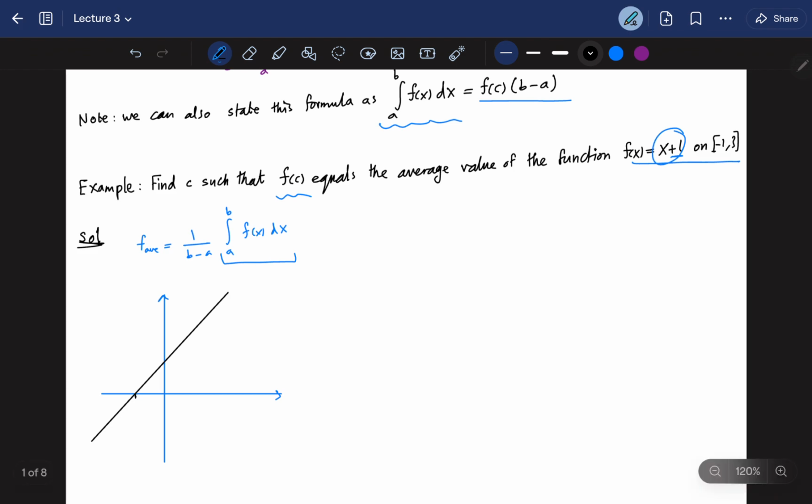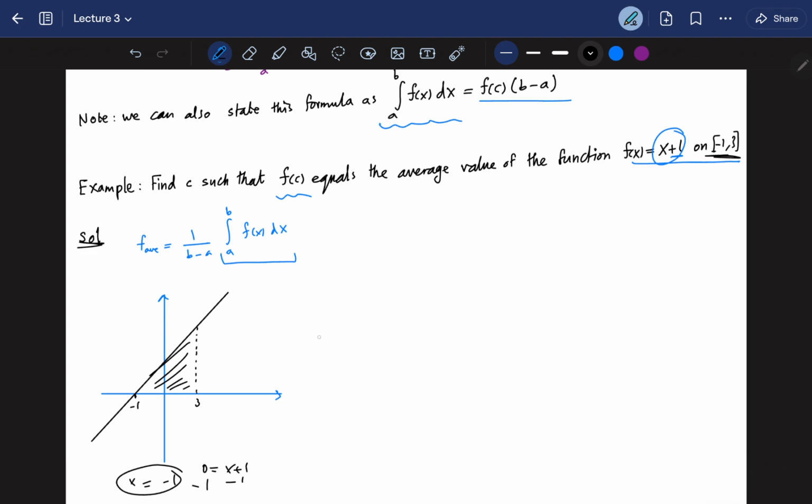So now this is an x-intercept, so this is just -1, because if you find an x-intercept, you just set y equal to 0, and if 0 is equal to x plus 1, you subtract and get x equals -1. Okay, and I want to find this area under the curve from -1 to 3. So this is -1, this is 3, which means I want to find this area here.